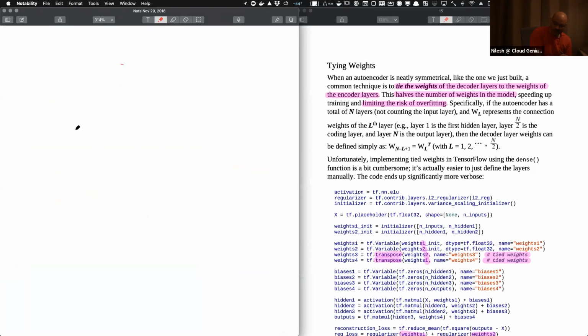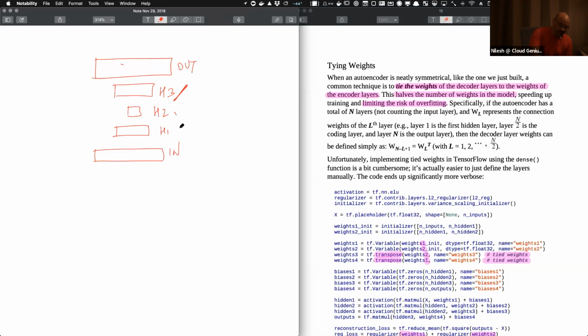The idea is if you have, say, a layer structure that looks like this, pretty similar to our earlier example. You know that this is your W, hidden layer 1, 2, 3, input, output. So the concept is we know that we want this to be symmetrical in a fashion.